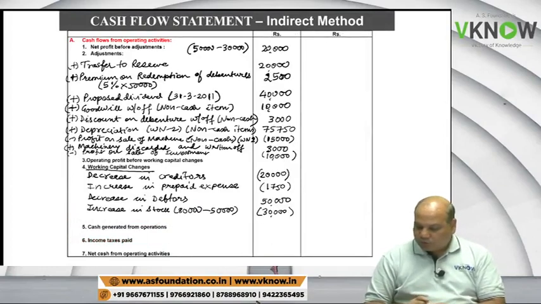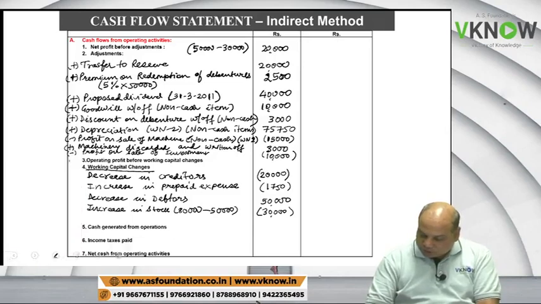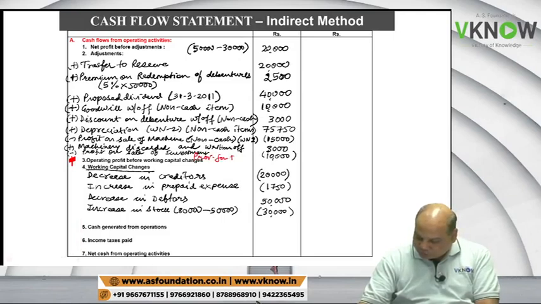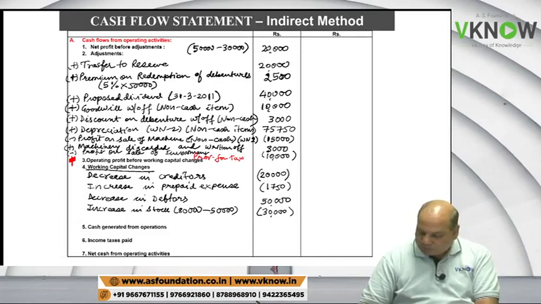So first you come to adjustment. In adjustment you write down add provision for taxation. I don't have much space, but I hope you are understanding.